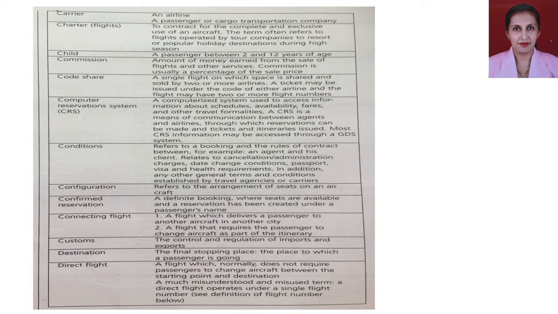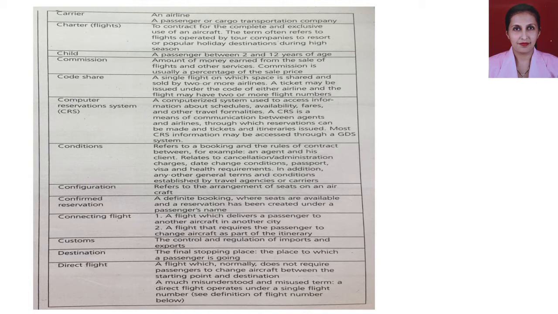So the booking has been done in a passenger's name. If I am the passenger traveling to a particular place, that booking will be done in my name, and that booking has a seat for me. A seat will be assigned to me. It will be seen on my ticket also, and that booking is known as a confirmed reservation or confirmed definite booking. But always remember this concept was in earlier times.